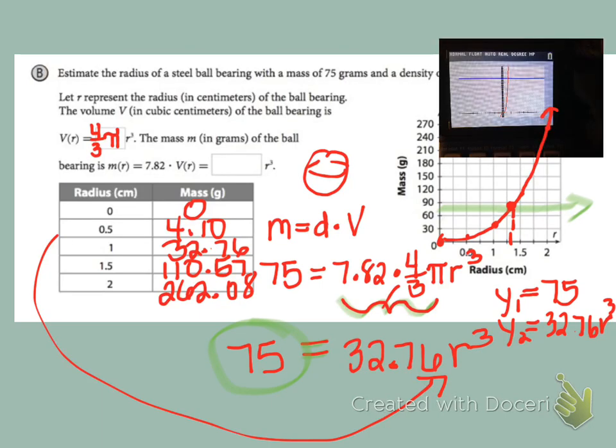So then all I have to do is do my second calculate intersection and see where they cross. And I did that, and I can see, according to the calculator, they cross when x is about 1.32. So that means my radius is about 1.32 centimeters.